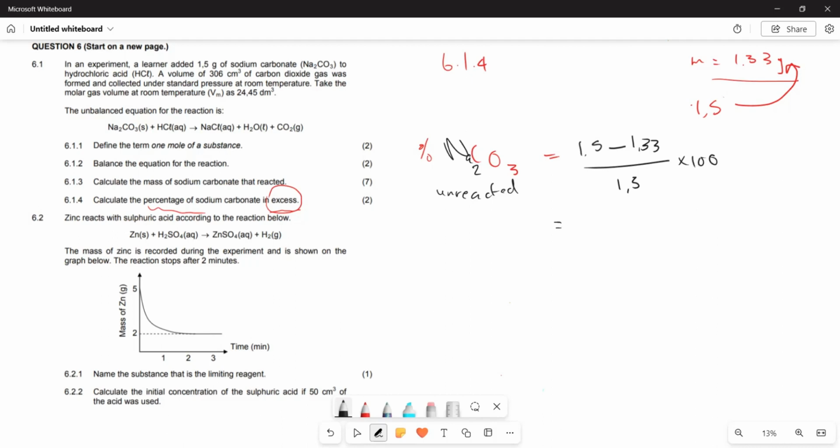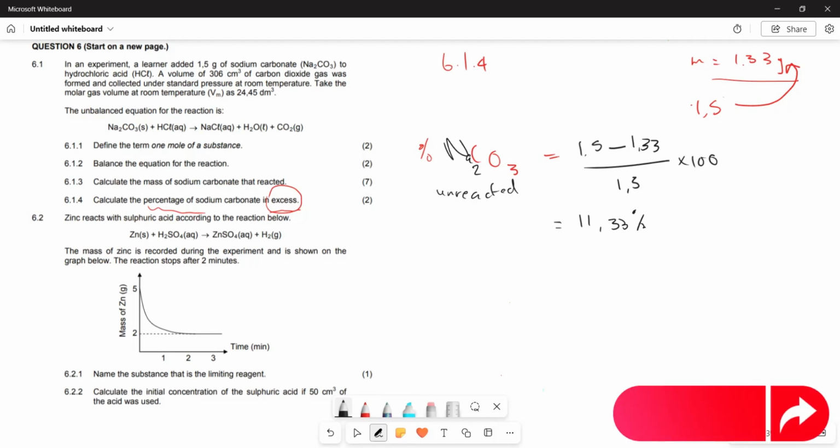So the percentage that did not react is going to be 11.33%. This is how you calculate that.